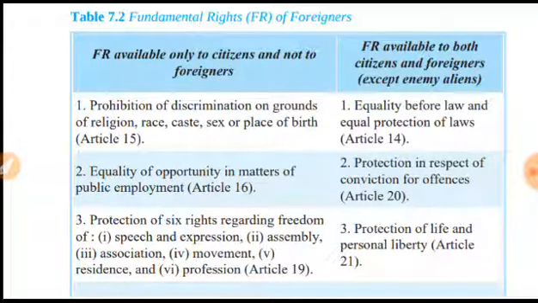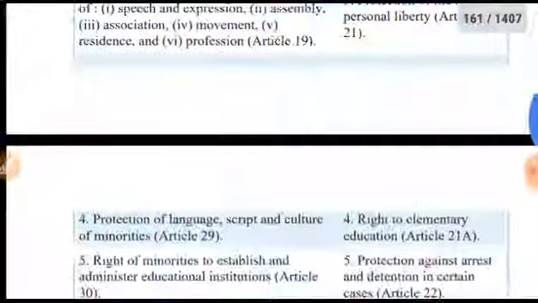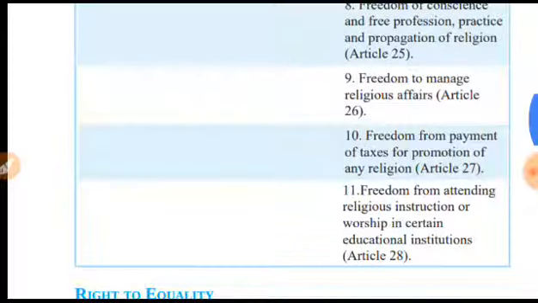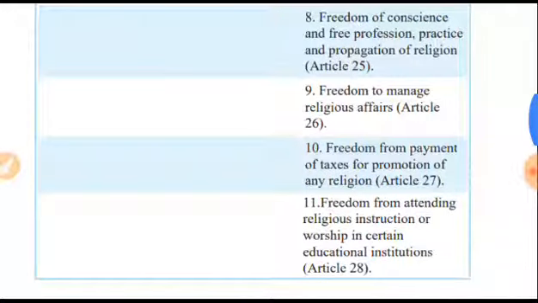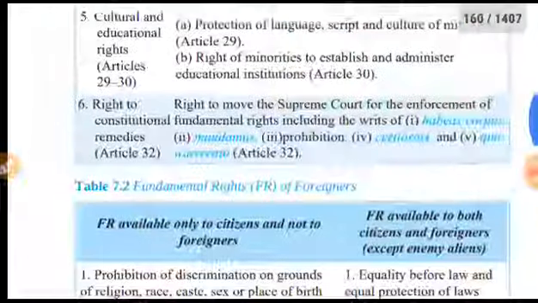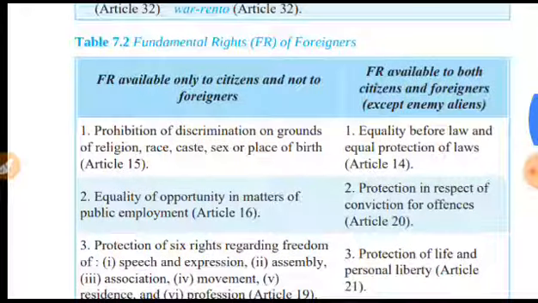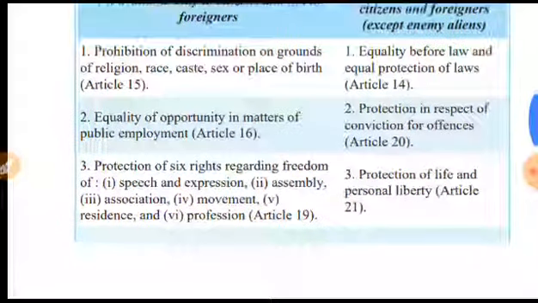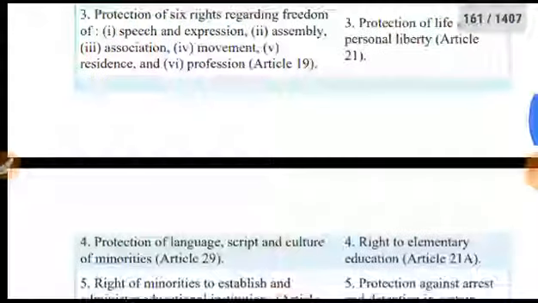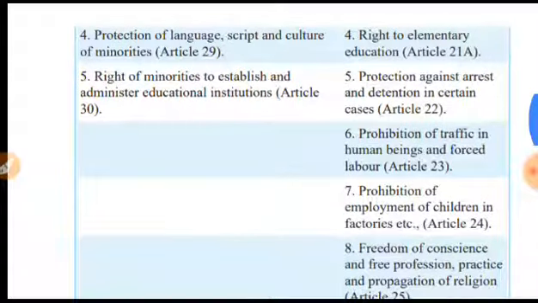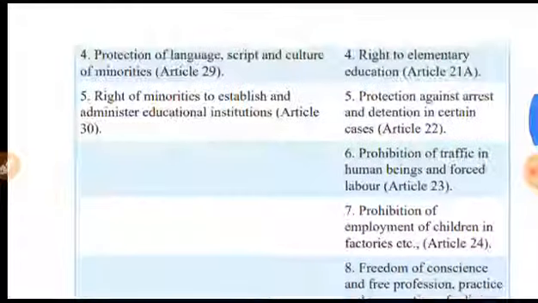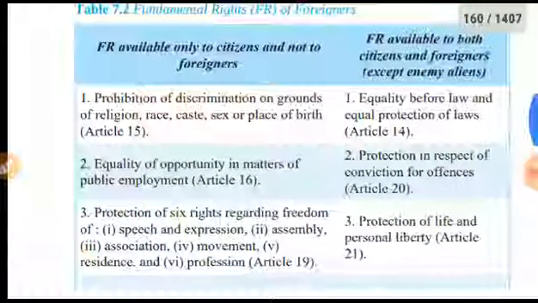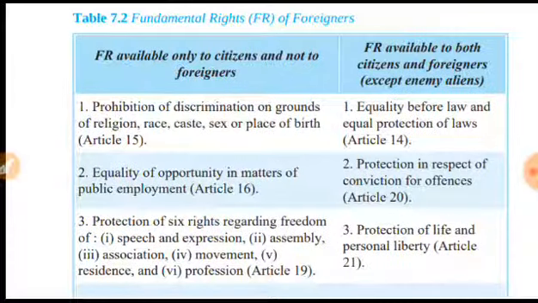And Articles 14, 20, 21, 21A, 22, 23, 24, 25, 26, 27 and 28 are all fundamental rights available to both citizens and foreigners, except enemy aliens. So please remember that Articles 14, 20, 21, 21A, 22 to 28 apply to both citizens and foreigners, while Articles 29 and 30 come under citizens only.